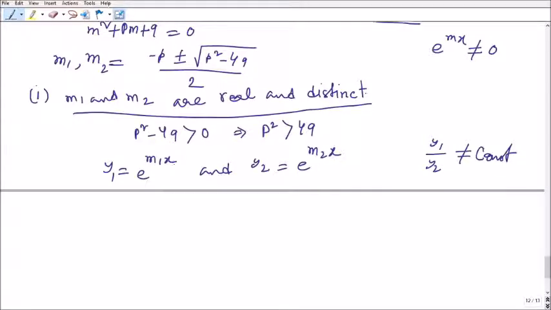That is why we can say that y1 and y2 are linearly independent. So the general solution in this case is y equal to c1 e to the power m1x plus c2 e to the power m2x.